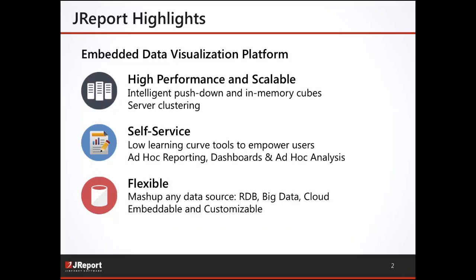We have a proprietary in-memory cube technology, and that allows very quick access to that aggregate information, which is used predominantly in dashboards and data analysis. Reports rely heavily on detail information, and we have different caching technologies that allow caching of detailed information for reports to consume.